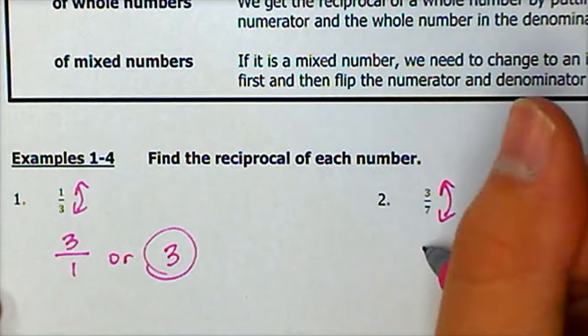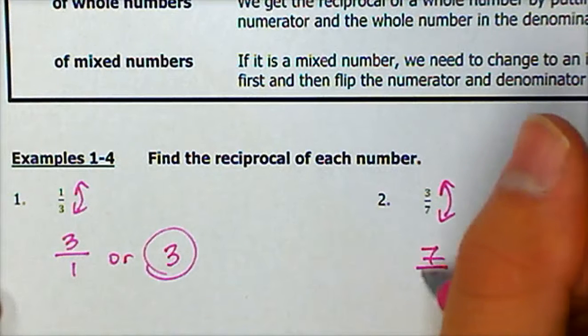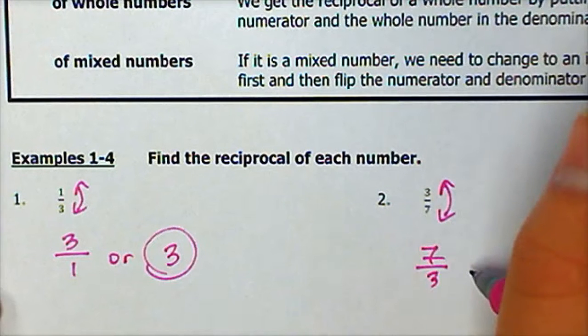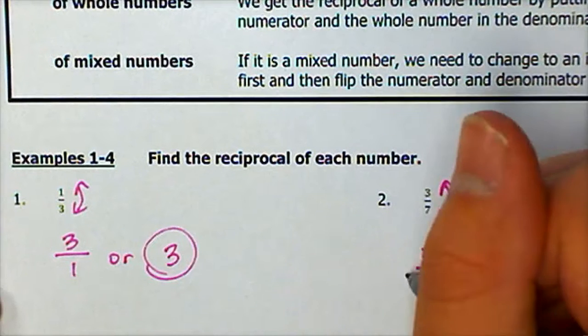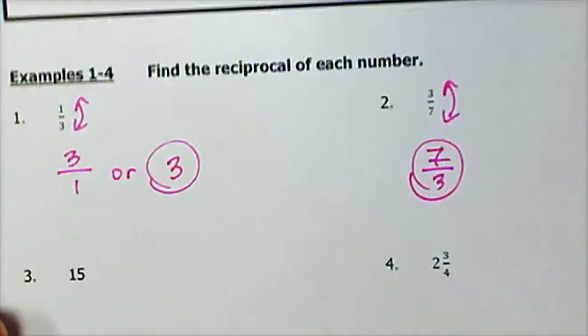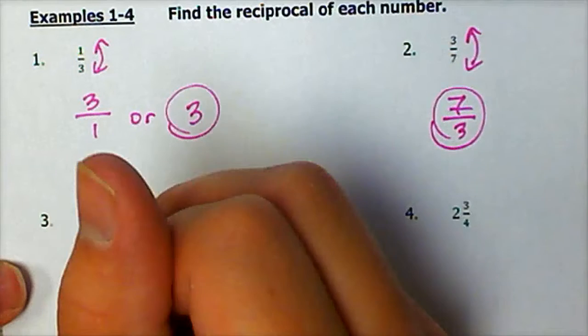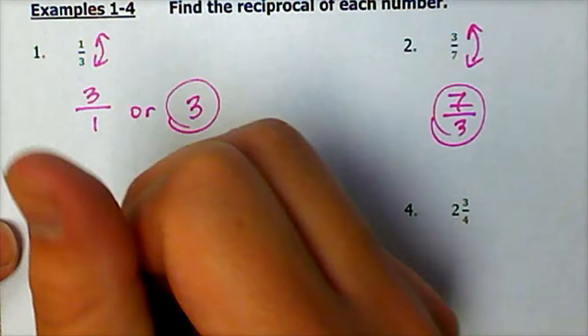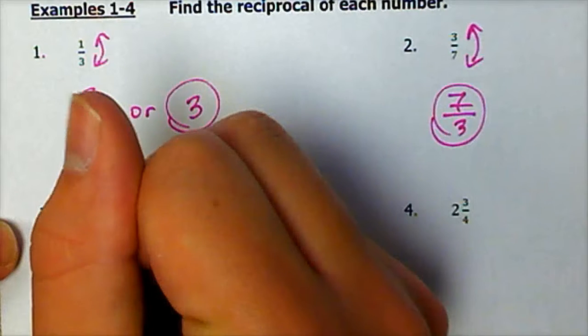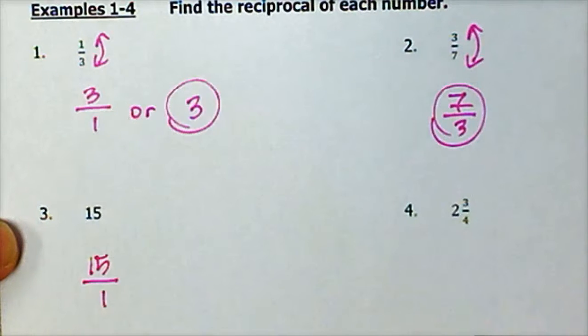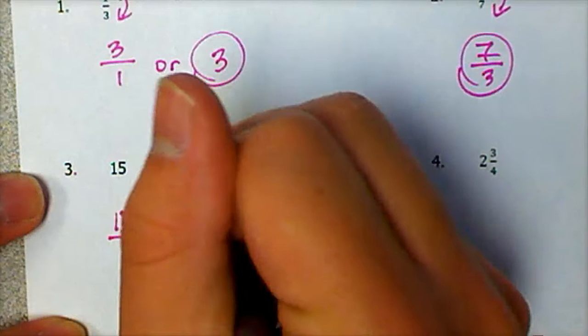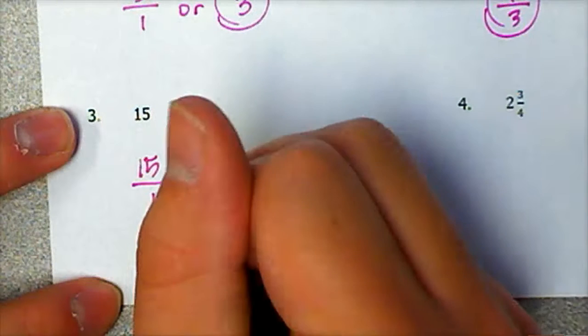Its reciprocal would be 7 over 3, or 7/3. For number 3, 15, its reciprocal, since 15 is 15 over 1, would then be 1 over 15.